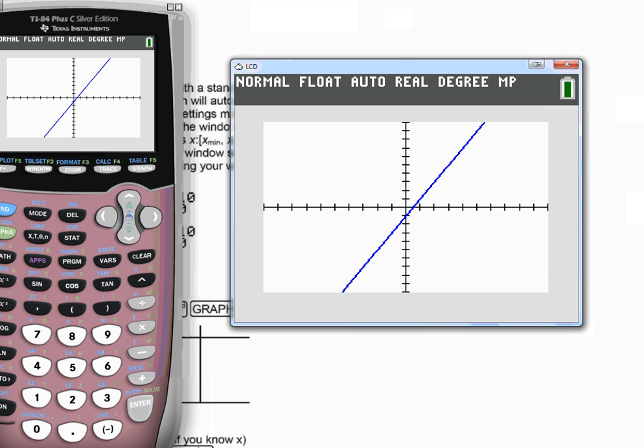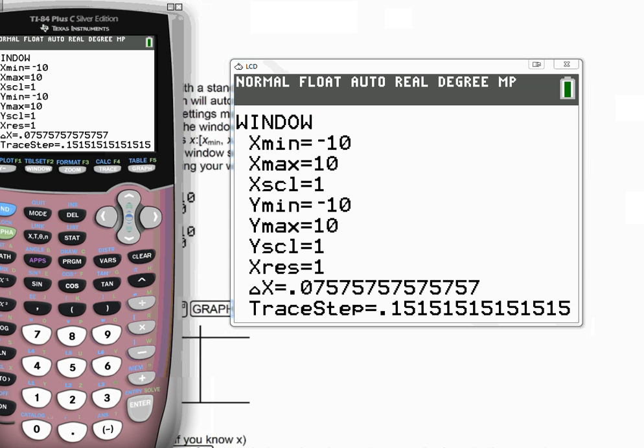Okay, so right beside y equals is window. If you push that, it looks like this. Okay, so push the window button. It says X min. So on your graph, what that's doing is, I'll just draw this on the board.